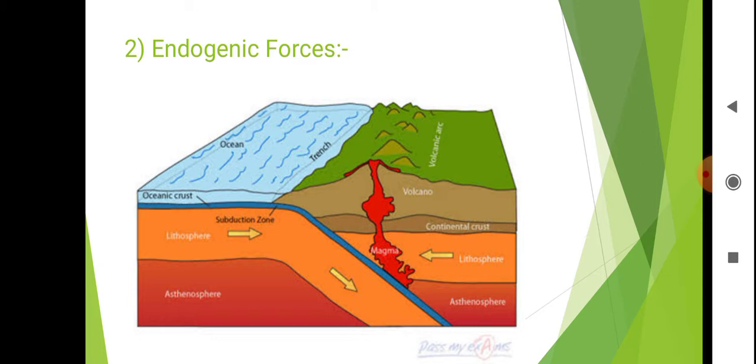They produce movement on the earth's crust, and often lead to earth movement, mountain building, volcanic eruption, or earthquakes. Hence, they are also known as earth movements. Landforms can be divided into three main categories: mountains, plateaus, and plains.